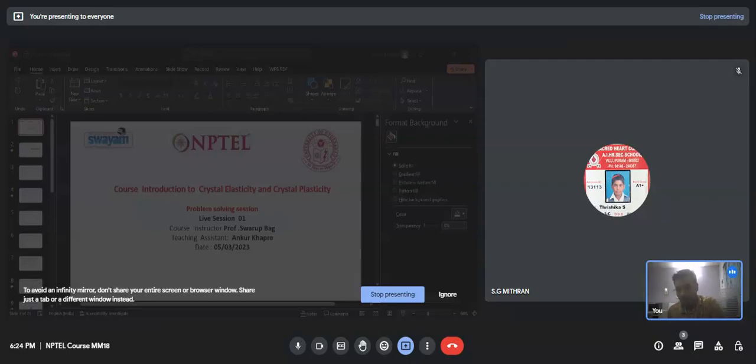And what about the straight direction, like this x-axis? I'll consider the x-axis, this will be the y-axis, and this will be the z-axis. Here only one atom is there in the x-axis direction.